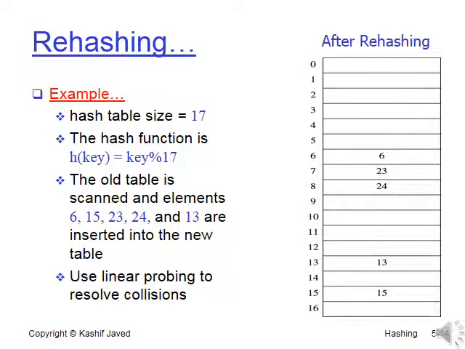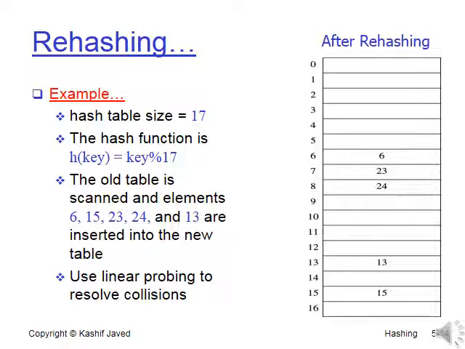Further to the example, here the hash table size equals 17. The hash function equals key mod 17. The old table is scanned and the elements, which are 6, 15, 23, 24, and 13, are inserted into the new table in the same sequence.